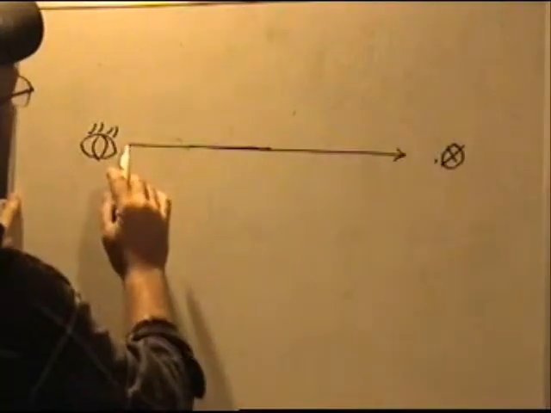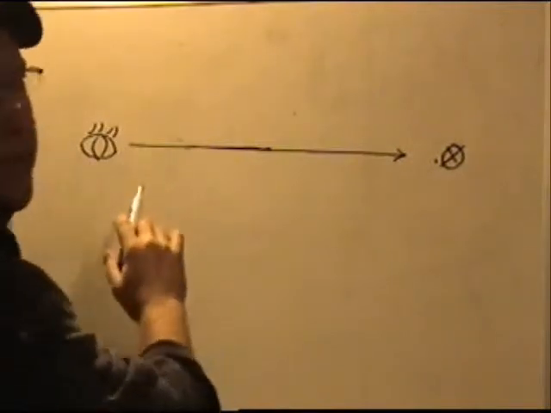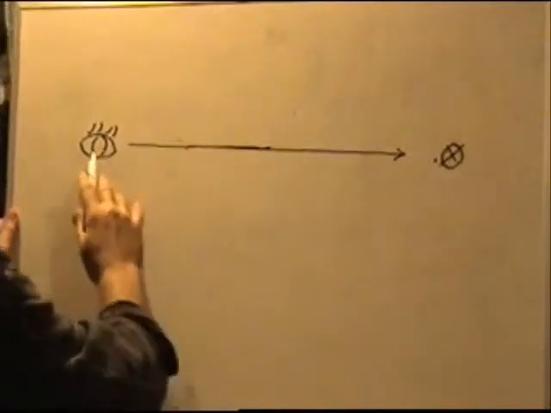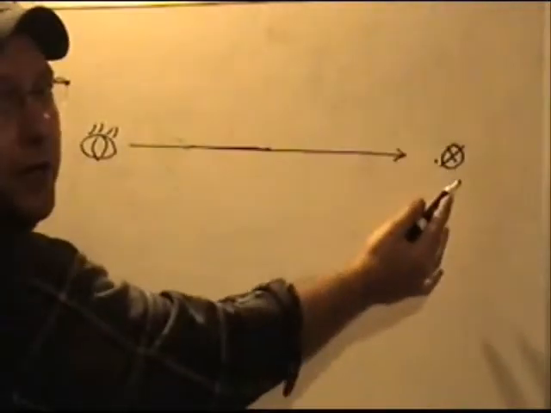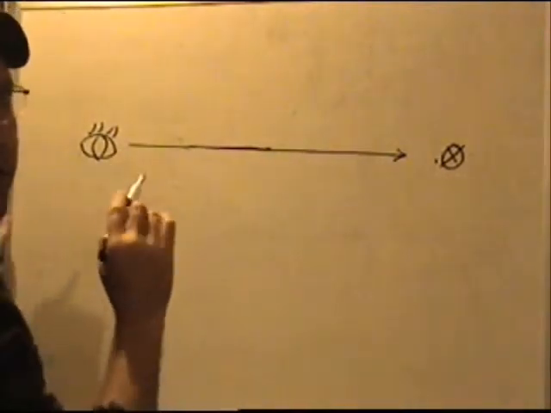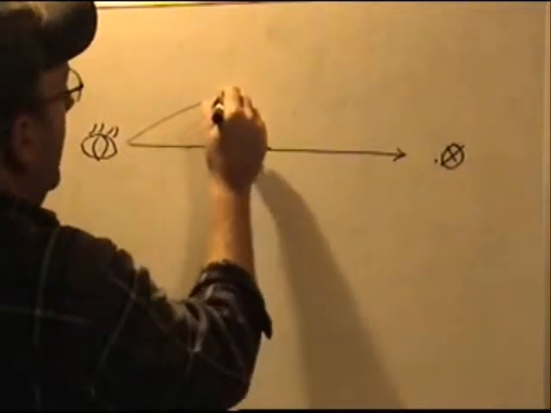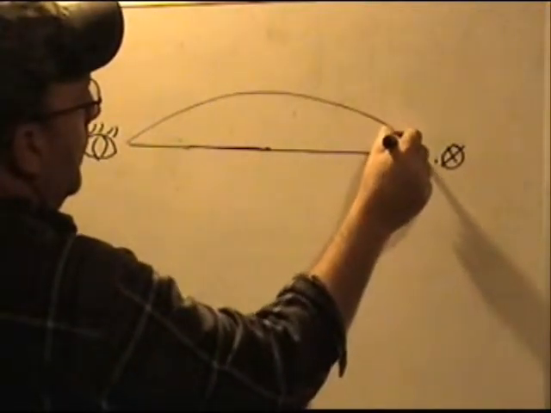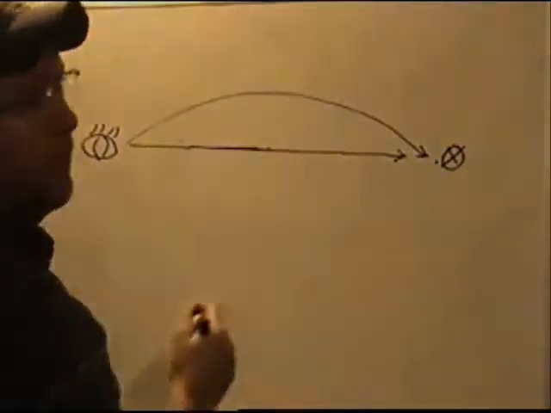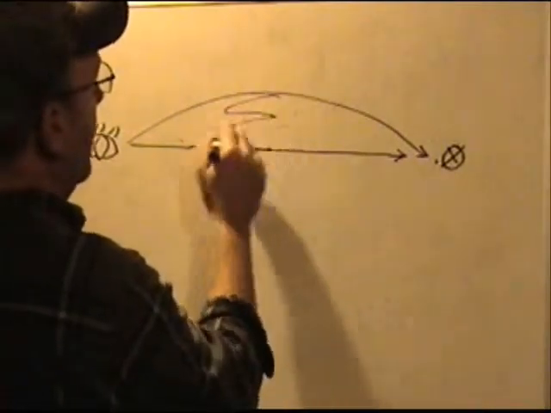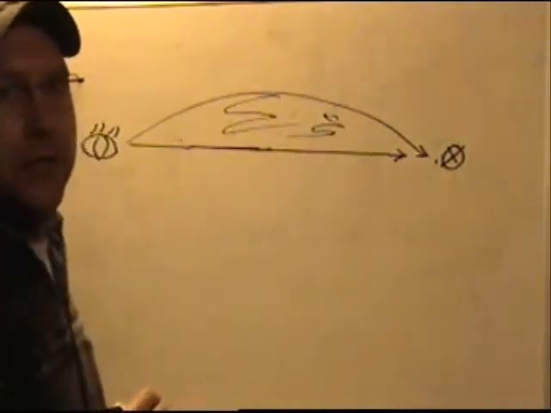I'll try and draw that out on the board here. Your line of sight to the target is from your eyeball straight to your target. Now, the path the projectile is going to take is more like this. This is the area which we have to take into consideration in a hunting situation.